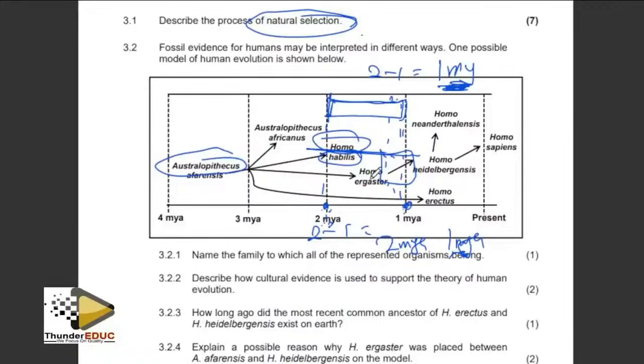Homo ergaster is here, Australopithecus afarensis is here, and Neanderthal is here. So this is a transitional fossil. Homo ergaster has some characteristics of this and also some characteristics of that. Because it didn't get extinct, therefore it's still going. Therefore it is a transitional fossil.